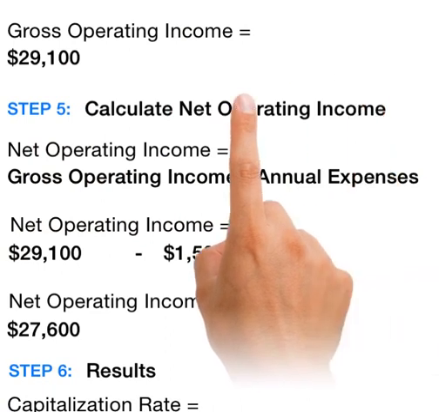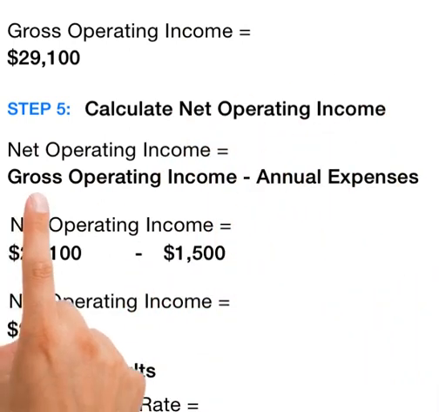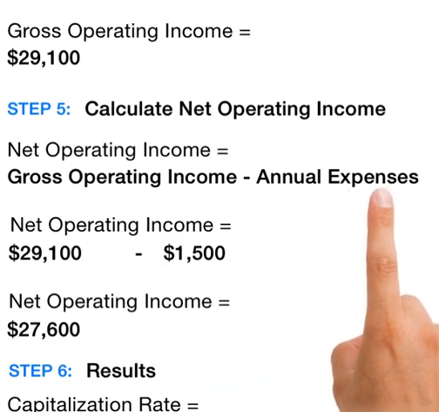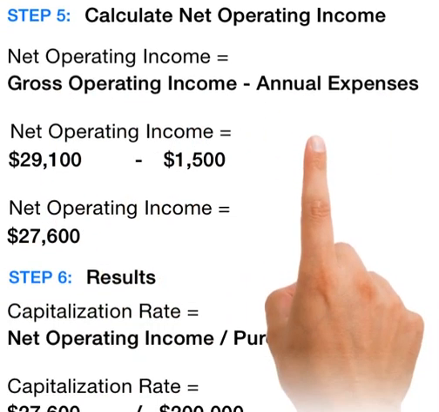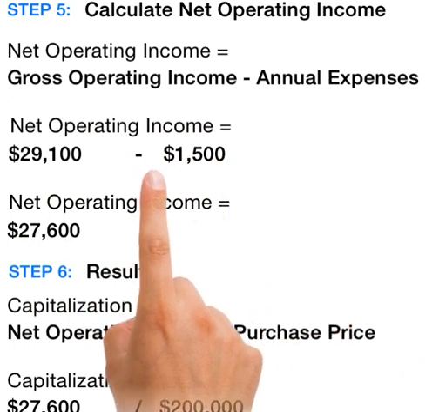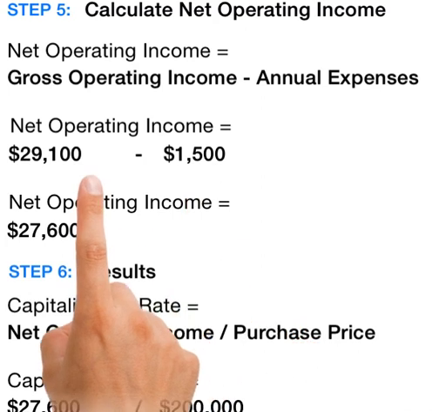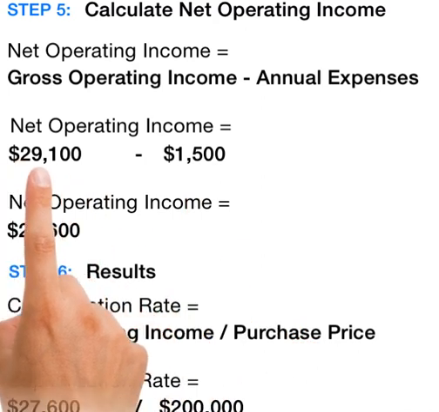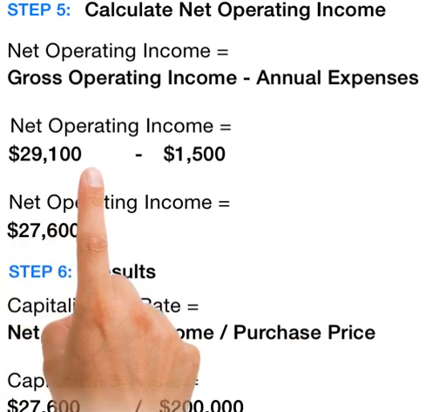Then we proceed calculating the net operating income, which is calculated by subtracting annual expenses from the gross operating income. We had indicated that annual expenses are 1,500, and the previous step indicated that the gross operating income is 29,100.